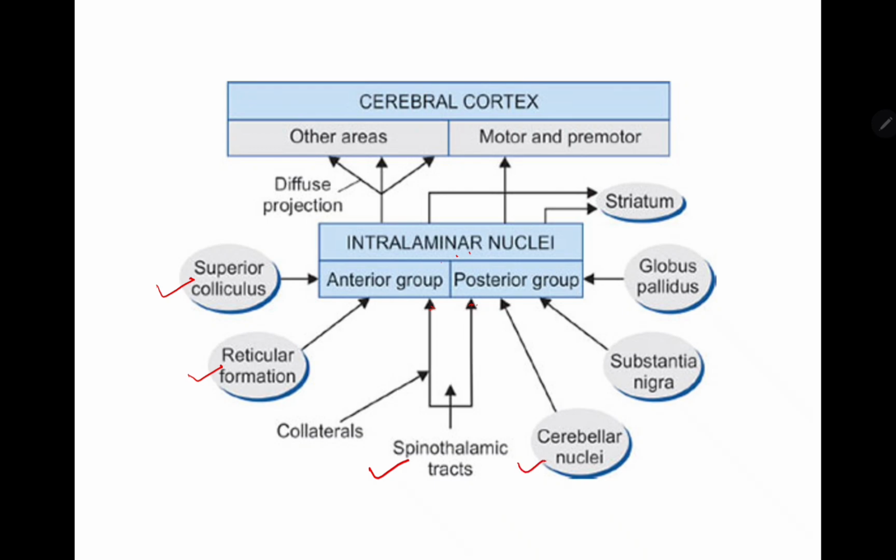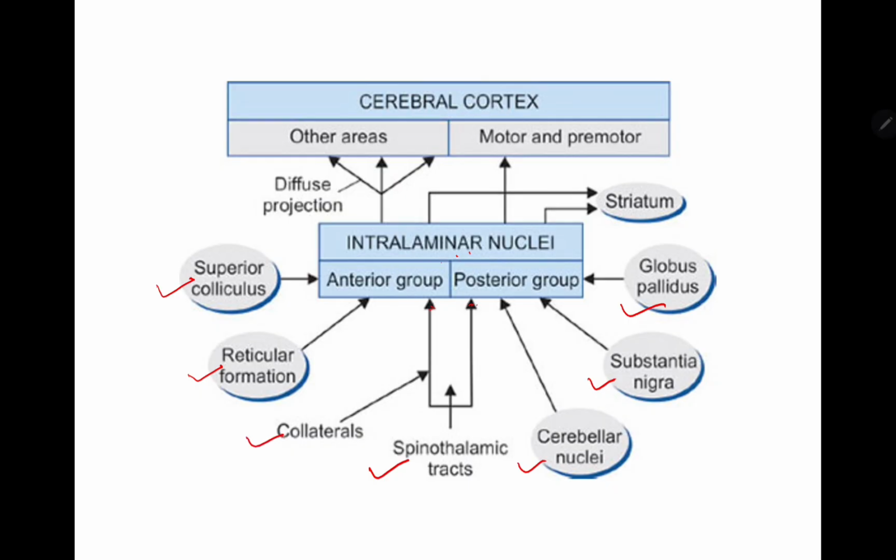Okay, globus pallidus and substantia nigra. These two send to the posterior groups. Cerebellar nuclei help with coordination, whereas globus pallidus and substantia nigra are the movement control centers basically. Then come the collaterals.